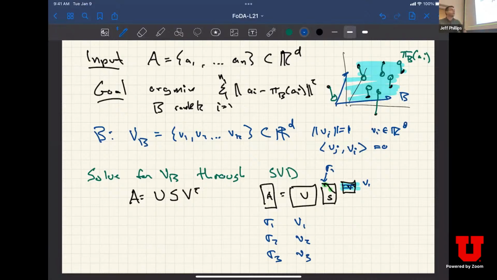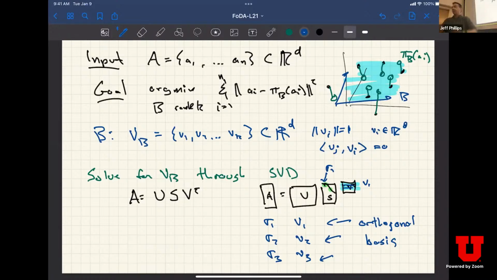These vectors are the orthogonal basis. Every time I add a vector, I'm adding an orthogonal component in a very high dimensional space.